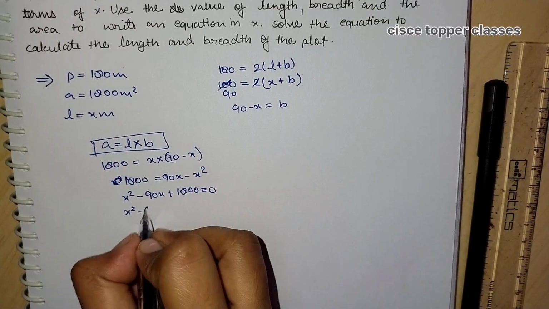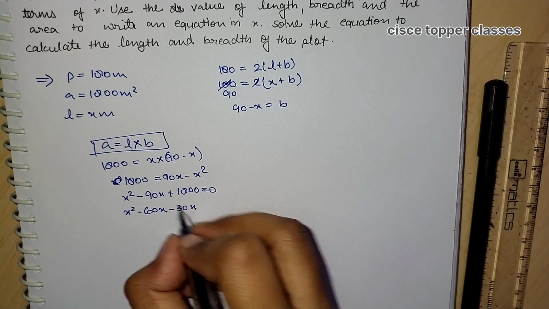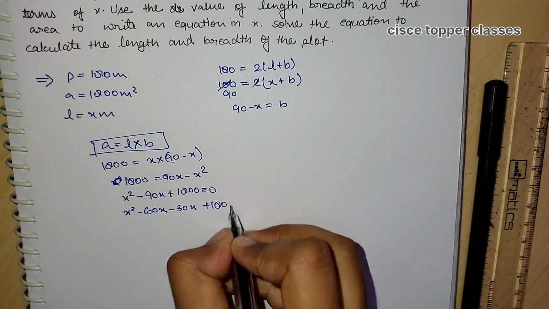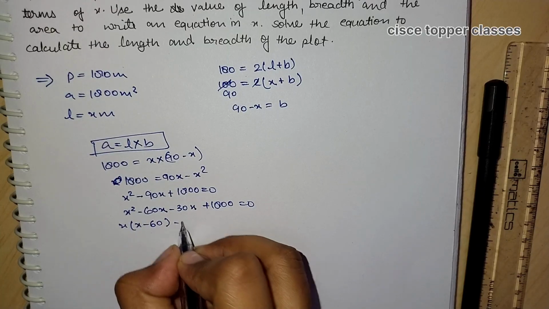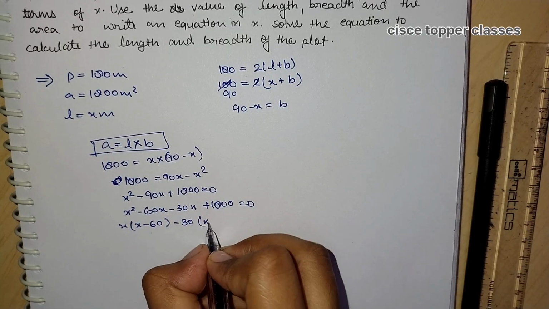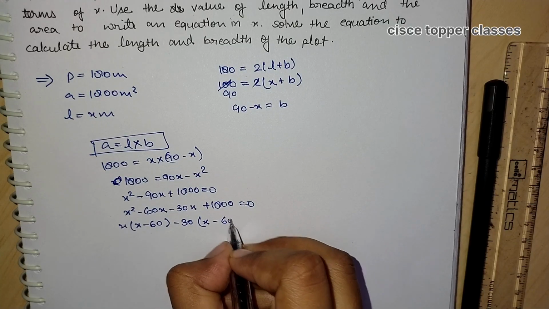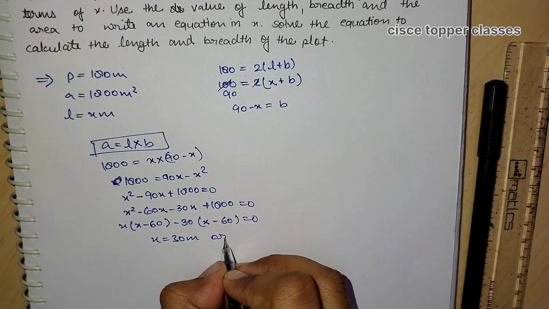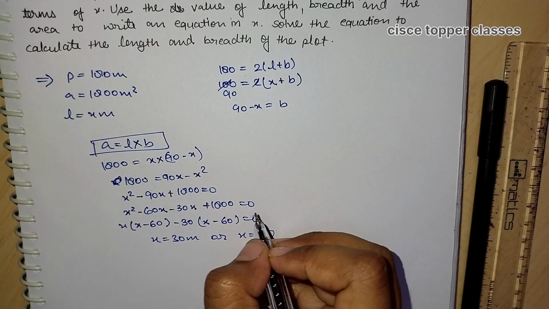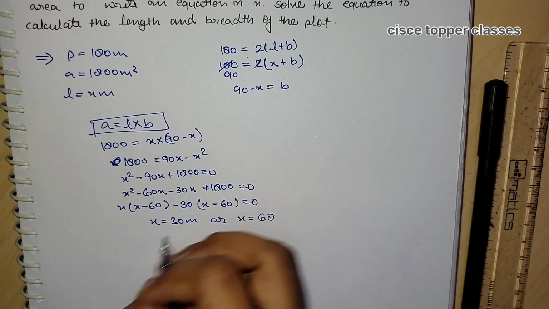So x square minus 60x minus 30x plus 1800 equal to 0. So we'll take x minus 60 common and minus 30 as common, so it will be (x minus 60)(x minus 30). So we can write x is equal to 30 meter or x is equal to 60 meter, and we will find the value of breadth from here only.